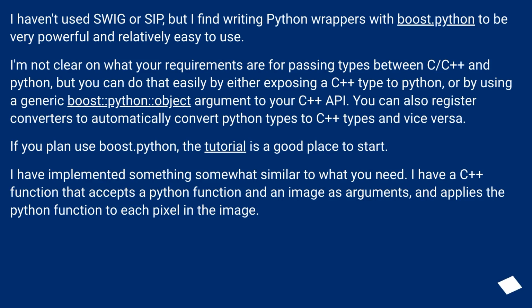I have implemented something somewhat similar to what you need. I have a C++ function that accepts a Python function and an image as arguments, and applies the Python function to each pixel in the image.